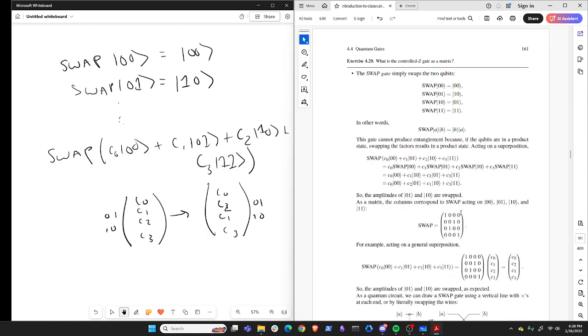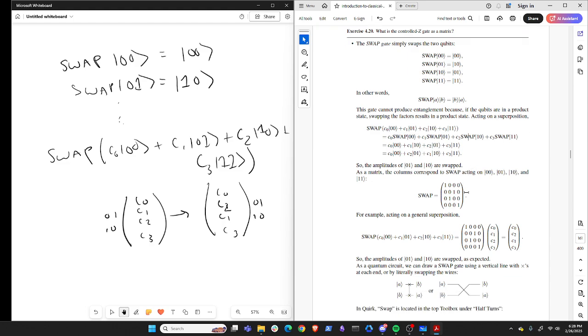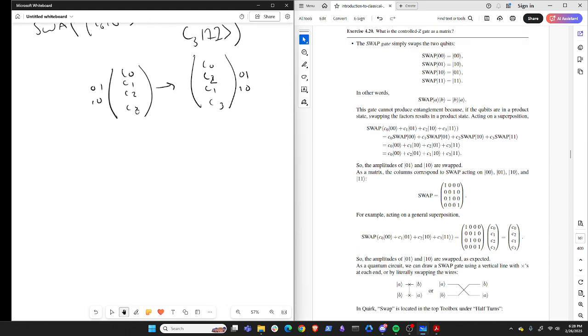We can build a swap circuit. Oh, actually, sorry, I should give you the real juice, which is swap in matrix form. So 1, 0. So we can see here it just swaps these middle two. So 0, 1 and 1, 0.